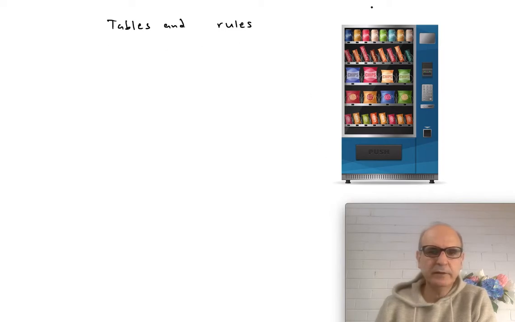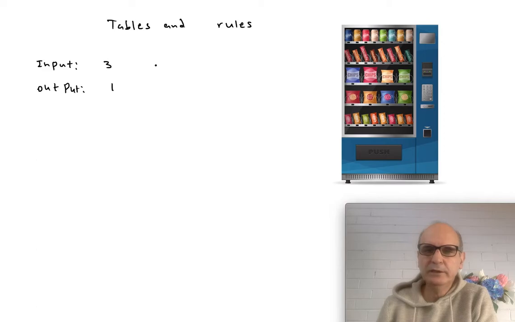Let's assume a vending machine where you can put in money and get, say, some chips. Here, each bag of chips is $3. So if your input, the money you put in, is $3, the output, the chips you're going to get, will be one pack of chips.